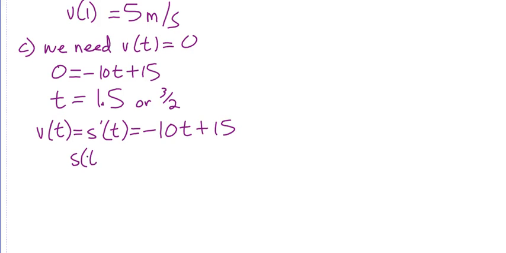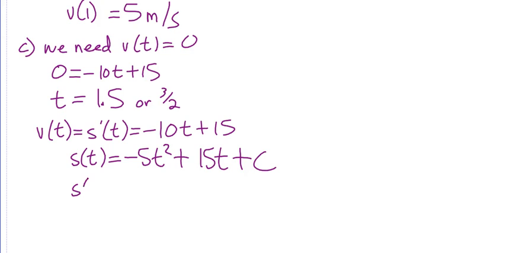So s of t is equal to negative 5t squared plus 15t. Let's go with plus c. I can do that at the end of the lesson. What do we know?